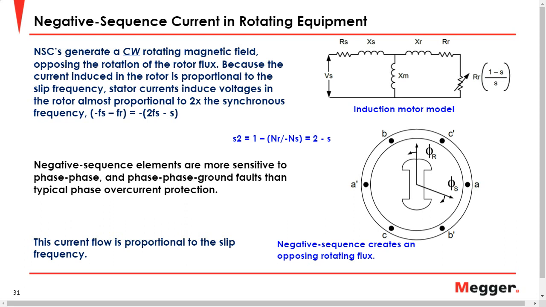So you can set protection elements using those quantities at very low magnitudes compared to the positive system quantities, and respond to that fault or issue developing before it gets out of control, before it becomes a catastrophic failure.